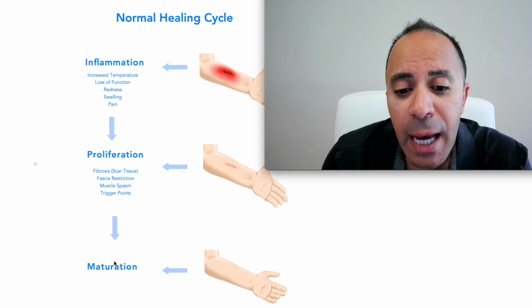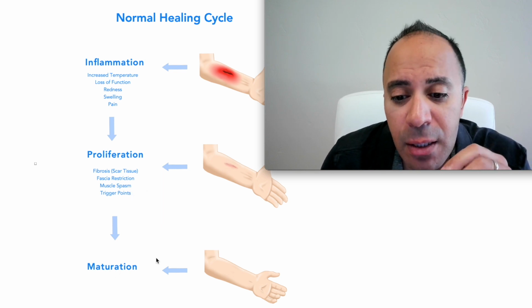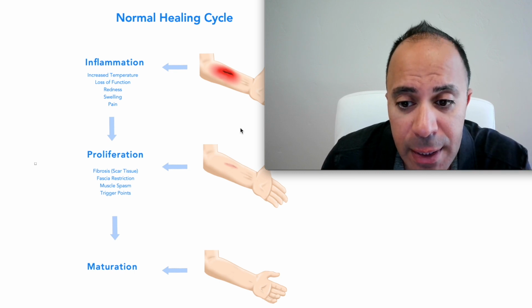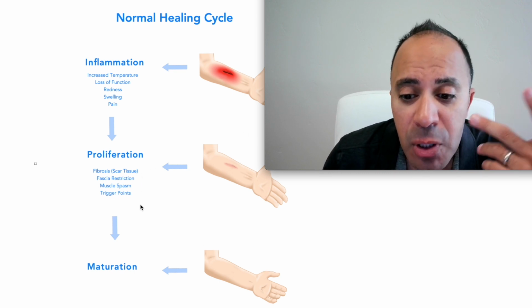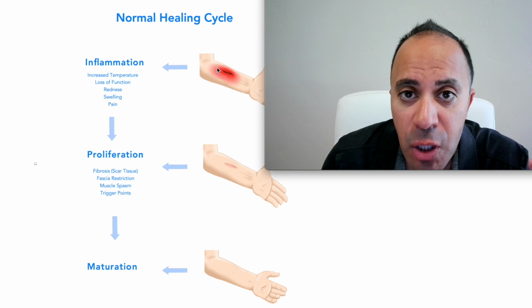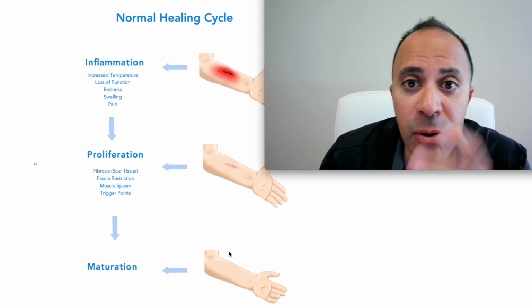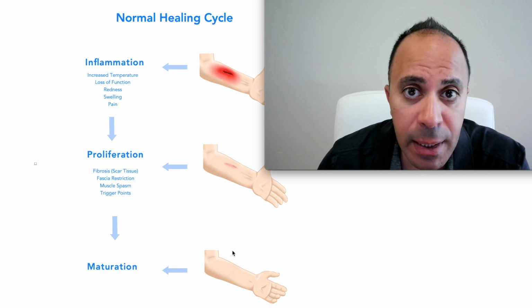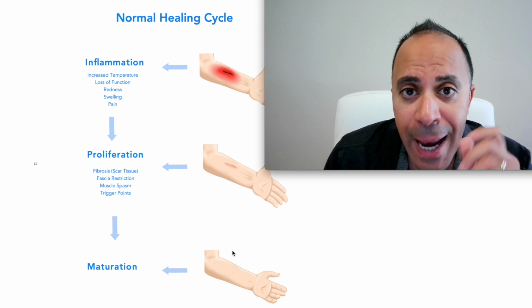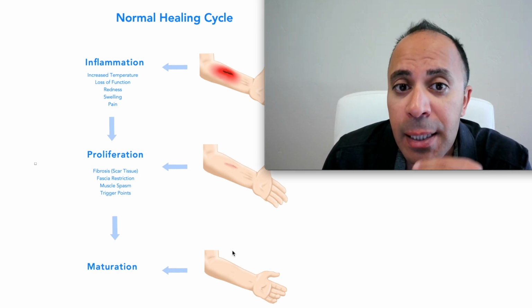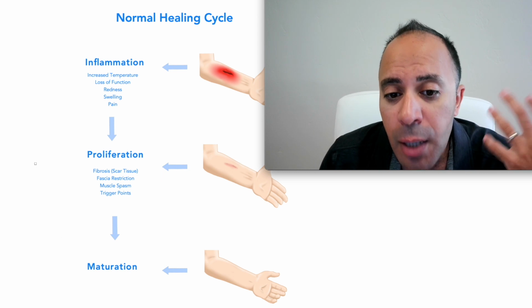So in the perfect scenario, during the maturation stage, the body should get rid of all of this: the scar tissue, the fascial restriction, the muscle spasm, and the inflammation. So that could take days, weeks, months, or years. If you are in chronic sciatica or back pain, that's a sign you are not healing.